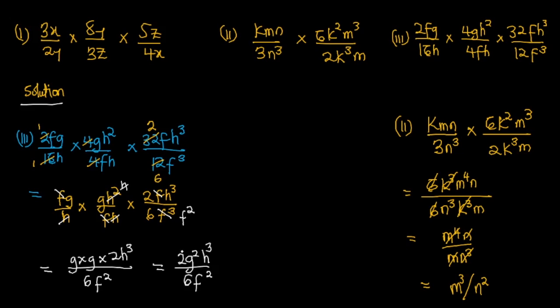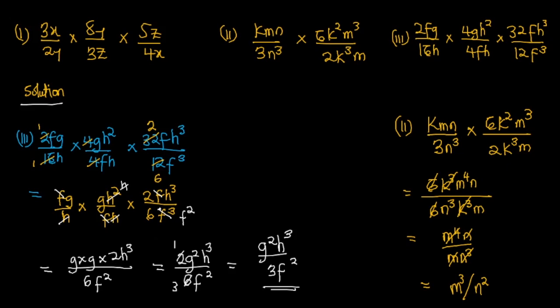And then you know that this 2 will go into itself 1. It will go into 6 here 3. So our final answer will be g squared h cube on 3f squared. So this becomes our final answer. Now, like I said, you can take your time and cancel one by one and rewrite what you have.